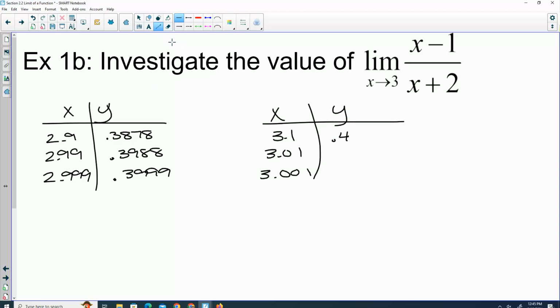Okay, let's double check it. 0.411. Grant? 0.43944. I got 0.44012. Yeah.